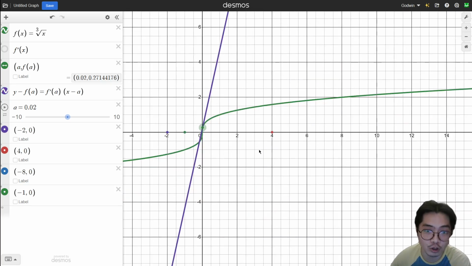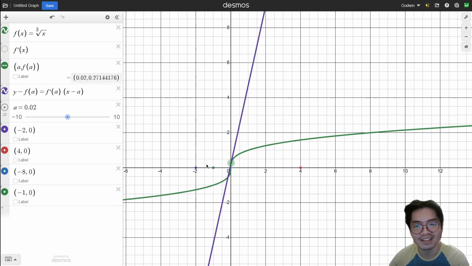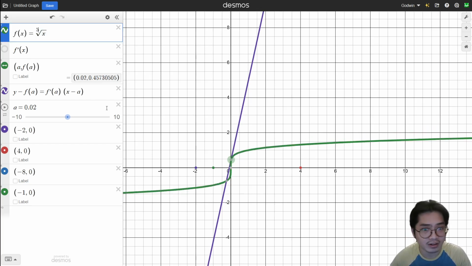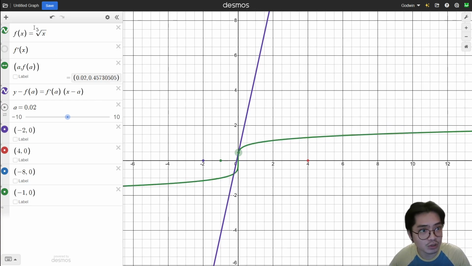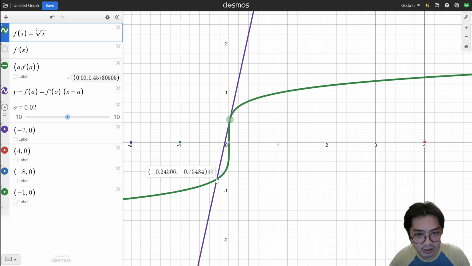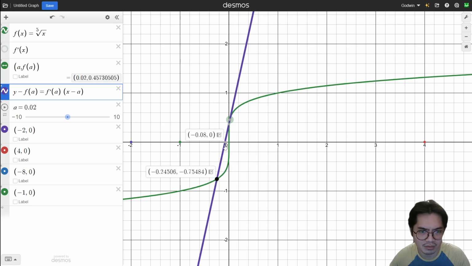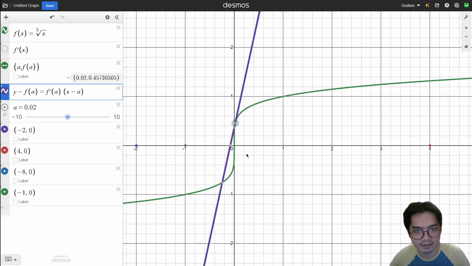So perhaps cube root of x is one that slays the Newton-Raphson method, but this is quite rare in this sense. Maybe x raised to 5 also will not work. Also will not work, I don't think. Not going to work, right?